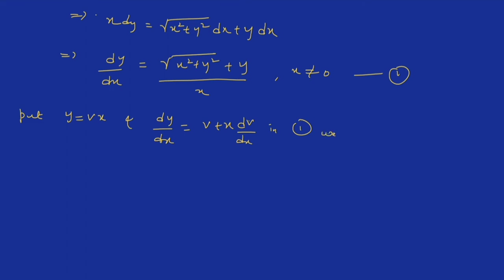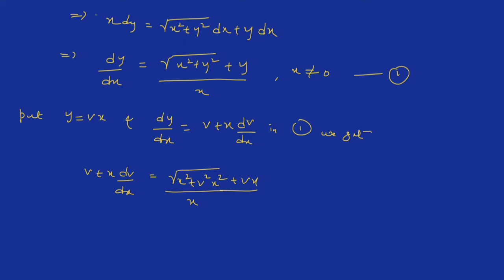Then we get v plus x dv by dx equals square root of x square plus v square x square, because y value is vx, plus vx, again y is vx.